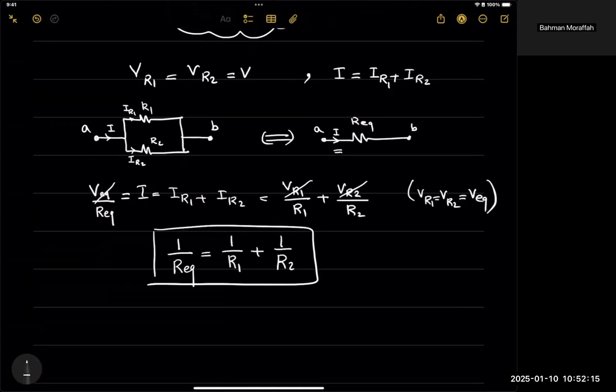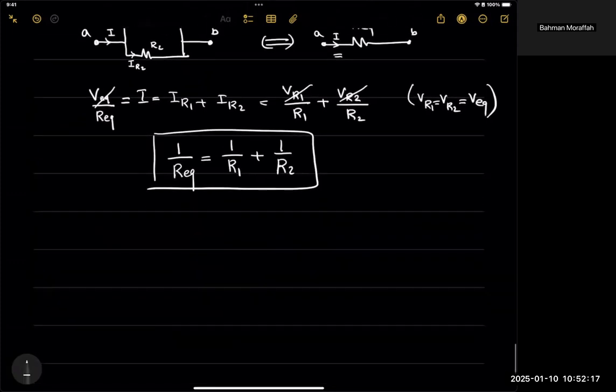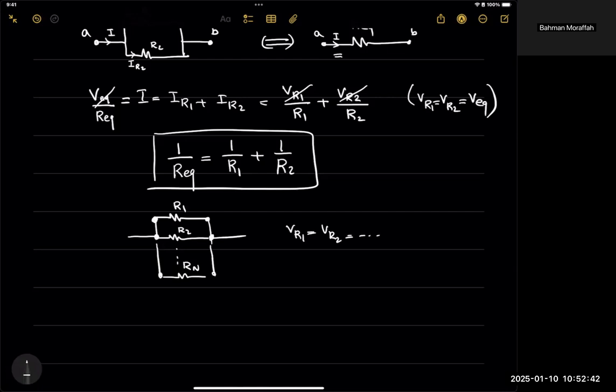Similarly, I can generalize this. If I have n resistors that are sharing the exact same head and tail, so if you look at all these resistors, they have exactly the same head and exactly the same tail, and I know voltage across R1 is the same as voltage across R2 all the way to voltage across Rn.